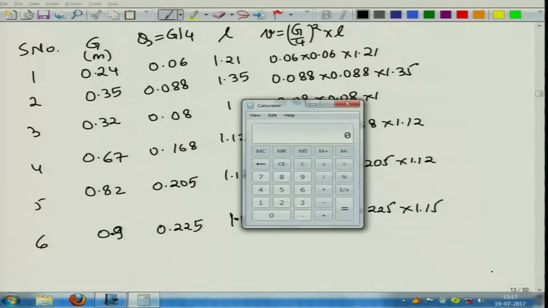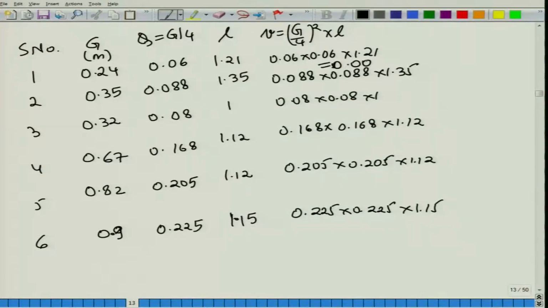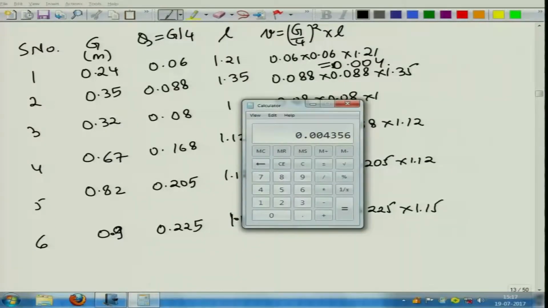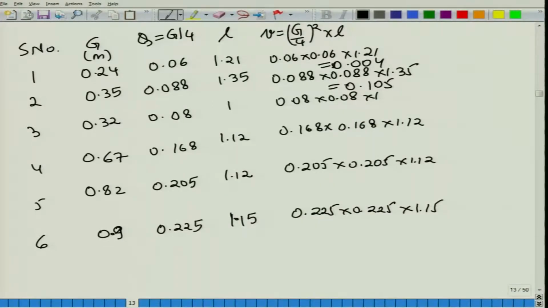In the first case we have 0.06 into 0.06 into 1.21, which comes to be 0.004. In the second case we have 0.088 into 0.088 into 1.35, which is 0.105. In the third case, 8 8s are 64, so 0.006.